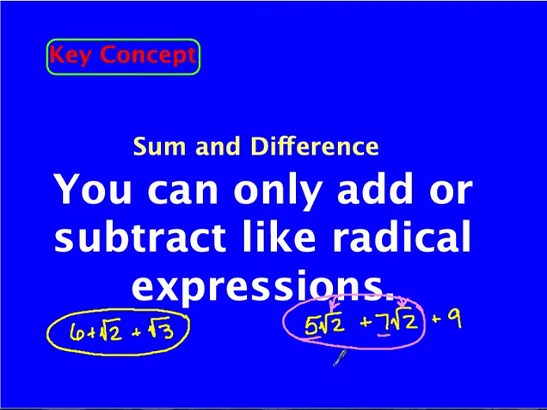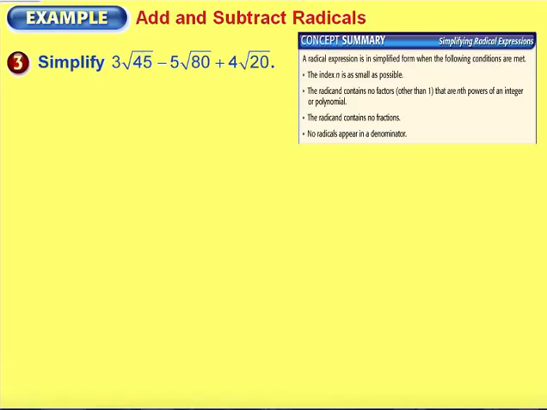The 5 plus 7 would give me 12 square roots of 2, and then I would have that plus 9 because it would not be able to be added without the square root of 2. So I can only add them if they are the same exact radical. Now remember, there's no rule or property that allows me to add underneath radicals. So I have to adhere to them being the same radical.